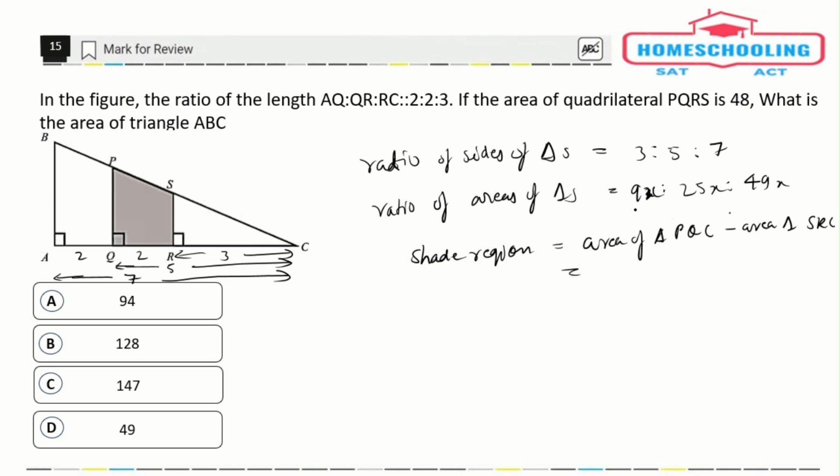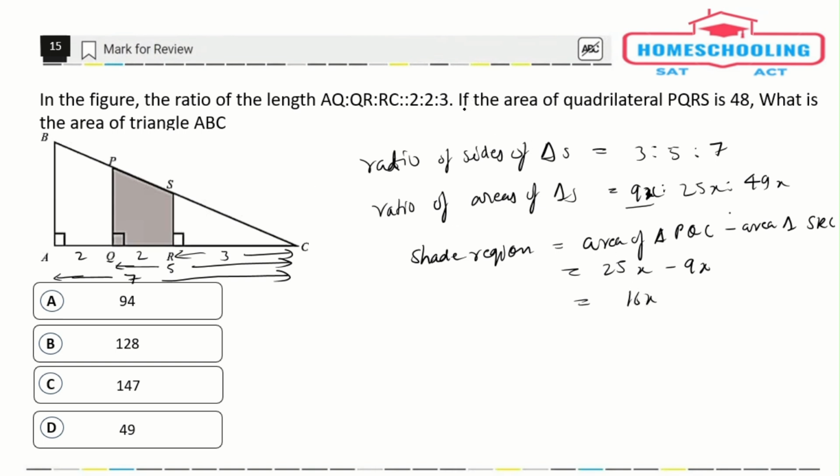The area of PQC is 25x minus the area of triangle SRC, which is 9x. So this one would be 16x.